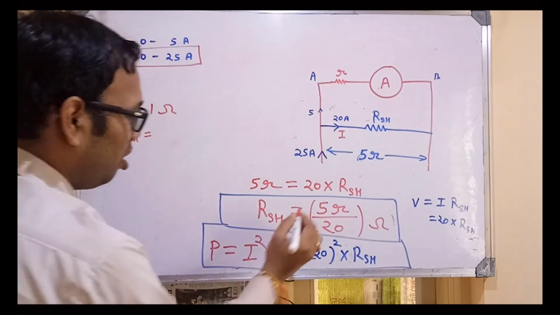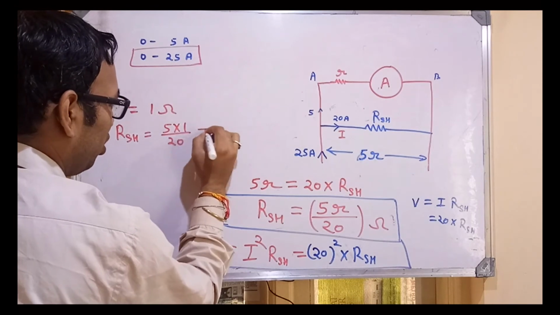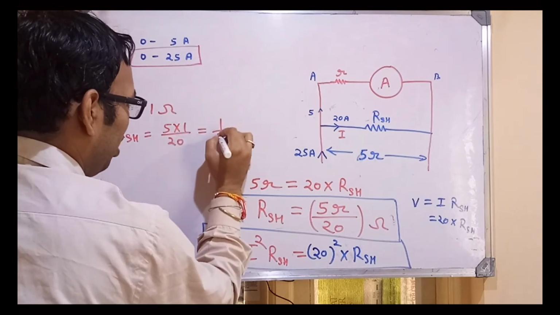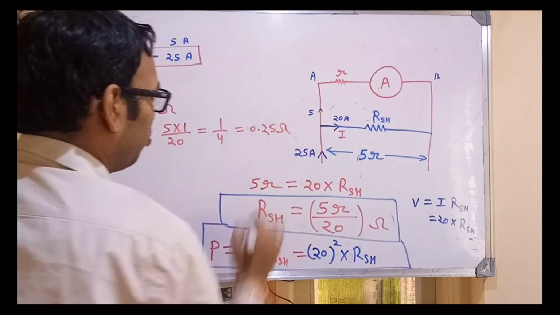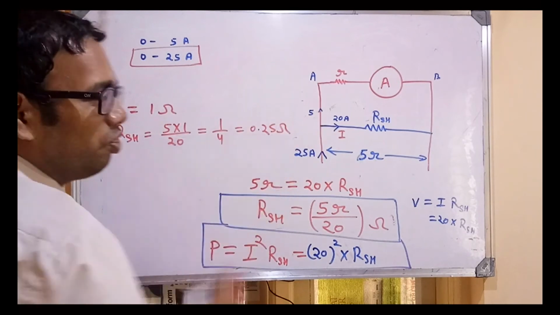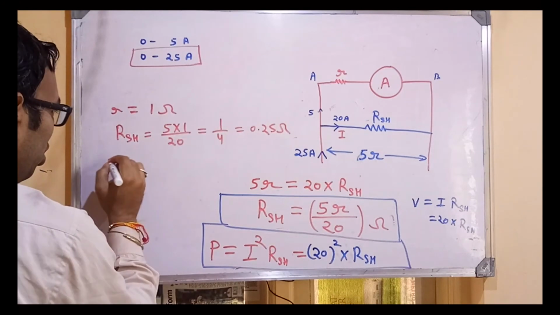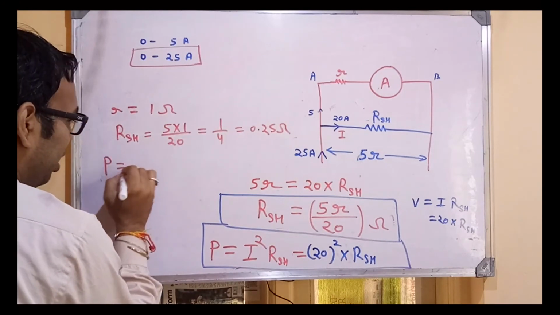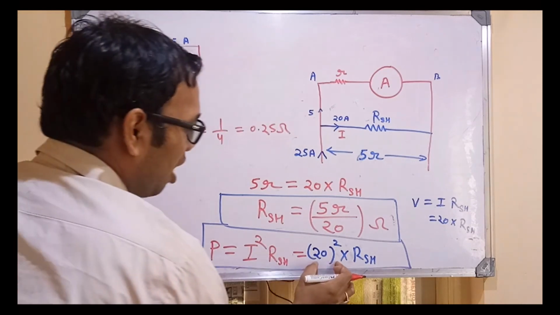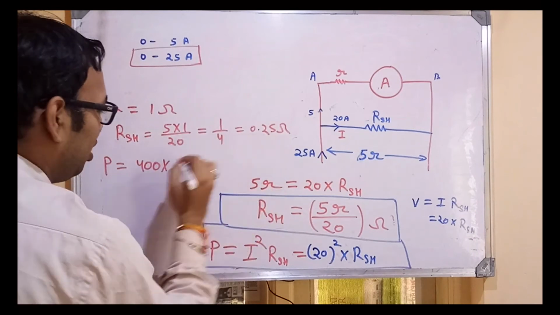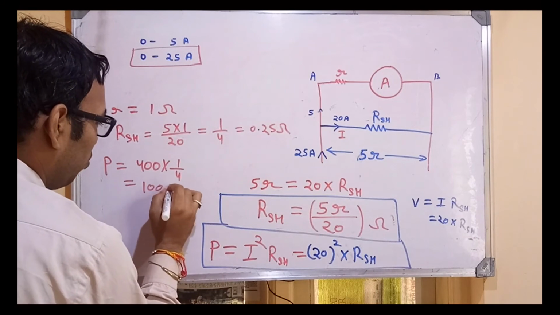RSH is equal to 5 into 1 divided by 20, so it will give 1 by 4 ohm, or 0.25 ohm. RSH is 0.25 ohm. And we have to calculate the power rating also. 20 squared is 400, into RSH which is 1 by 4, so it becomes 100 watt.